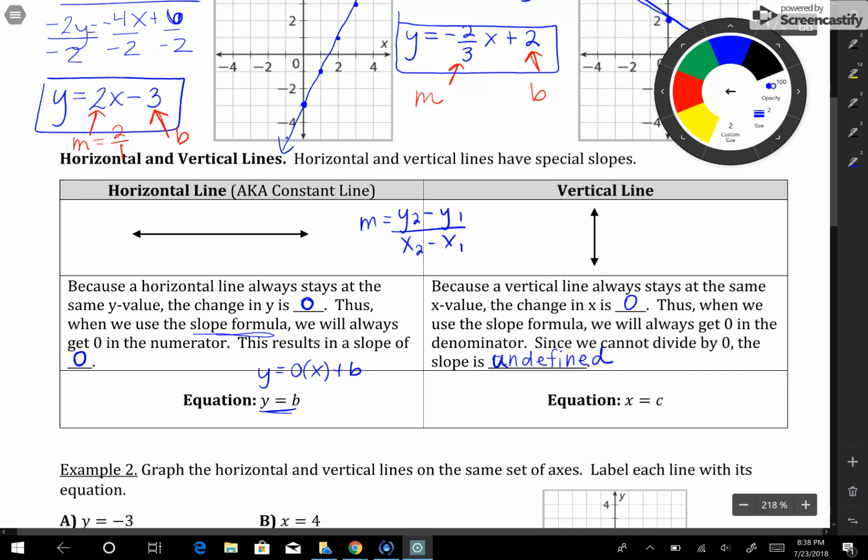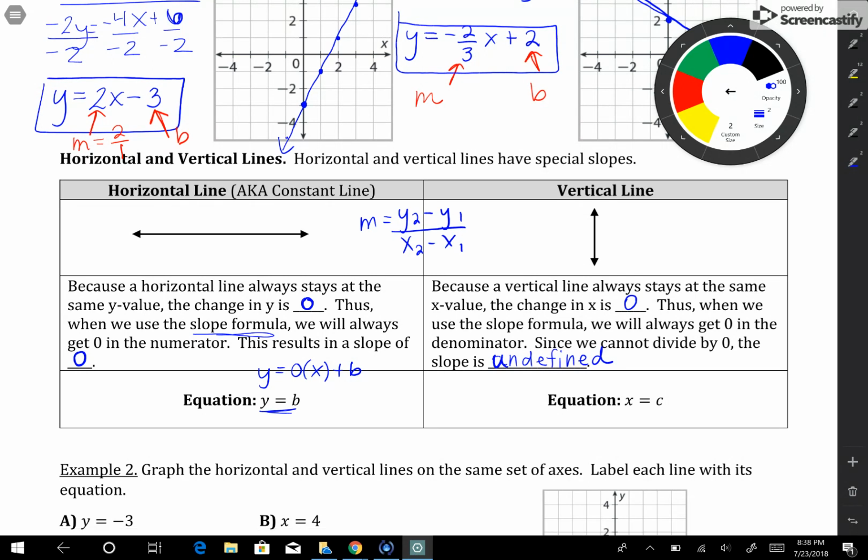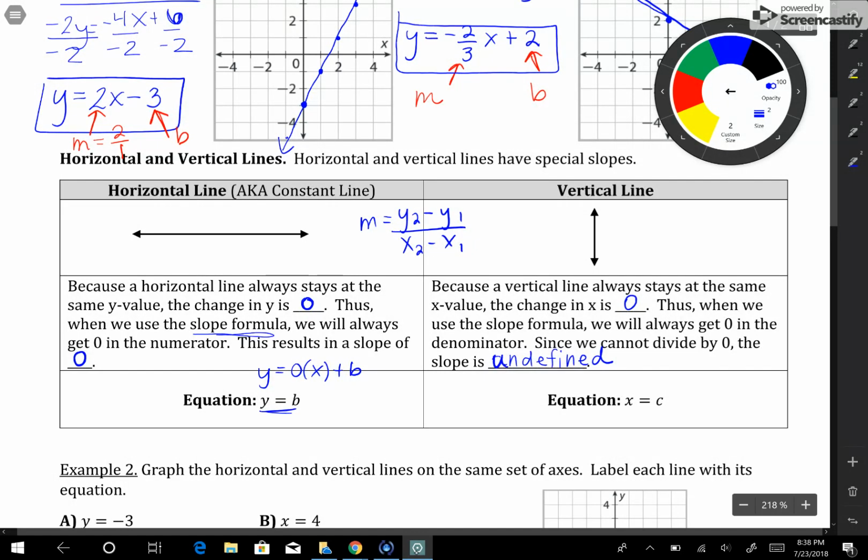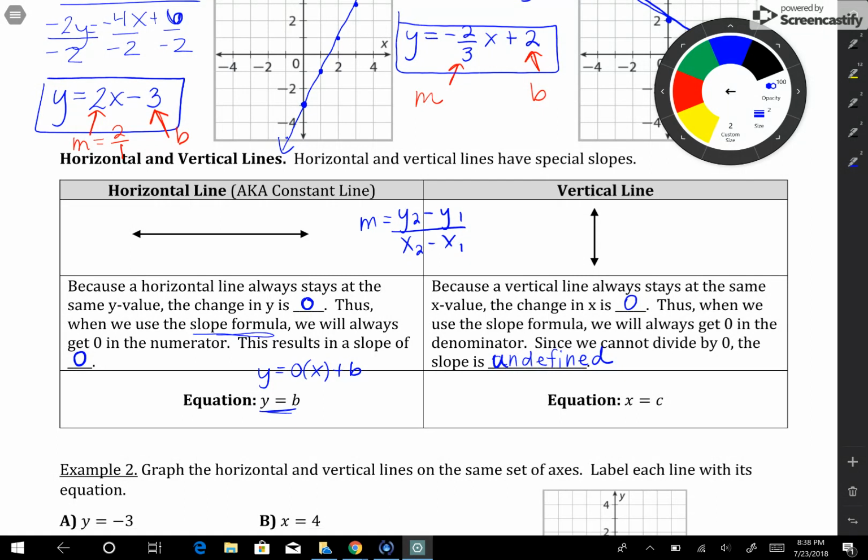And we can't even write it in slope-intercept form. We write it actually as x equals some constant c, which is whatever that x value is that that line is going through, because it stays the same the whole time.